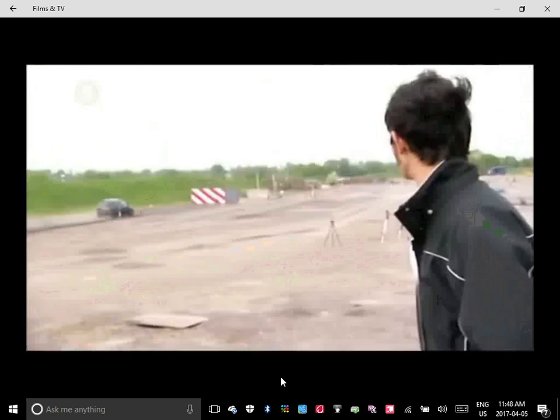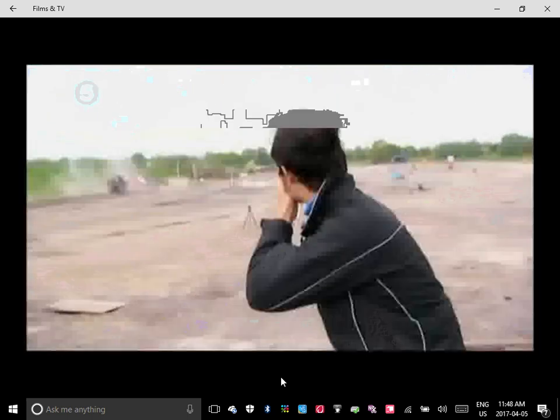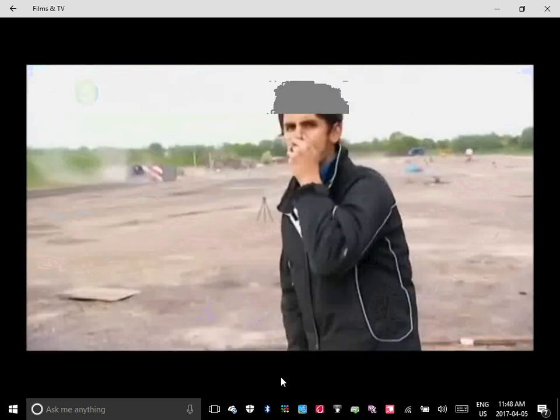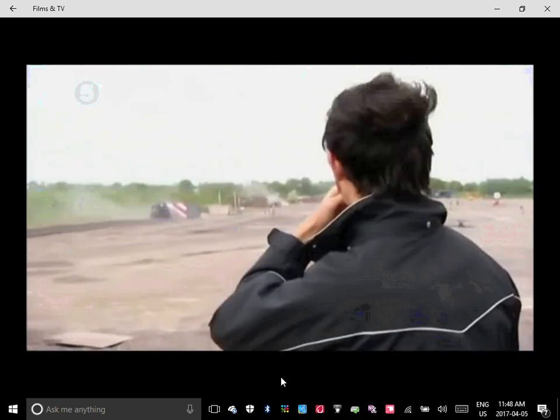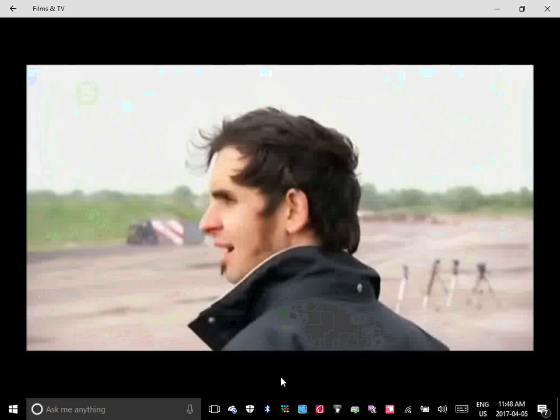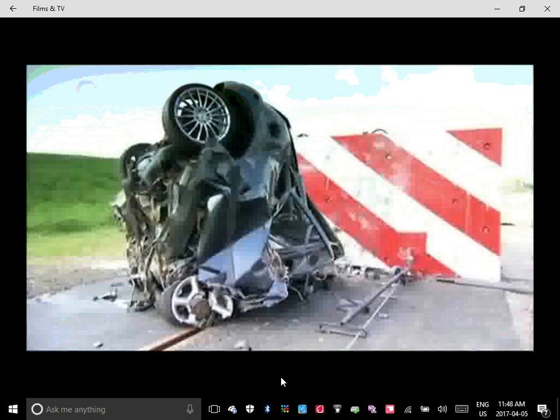They have some dummies in here. This is different. Only the rear end escapes.